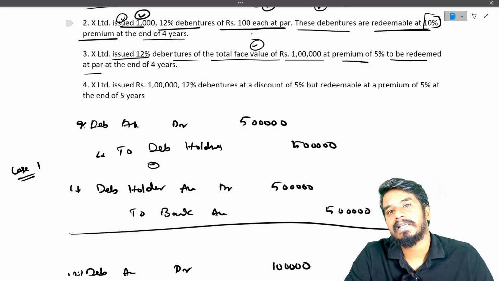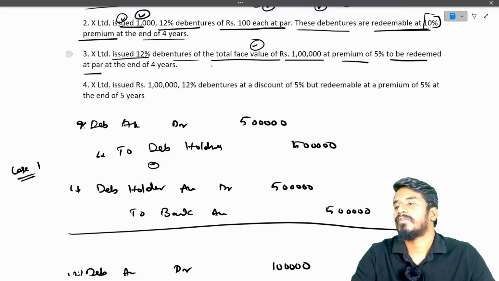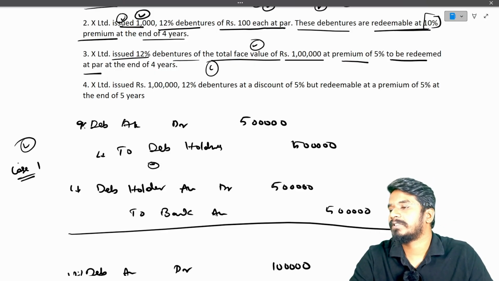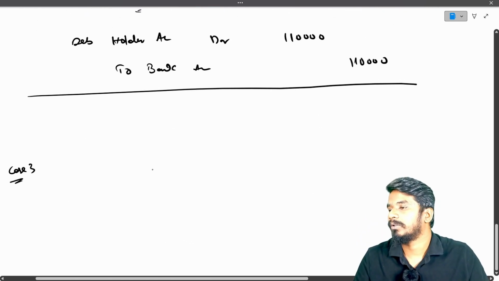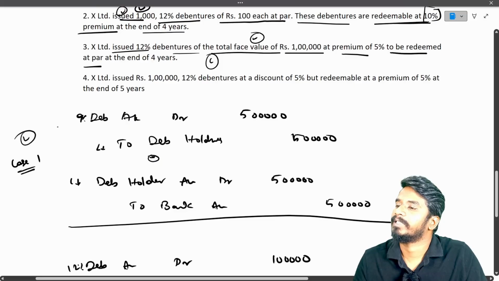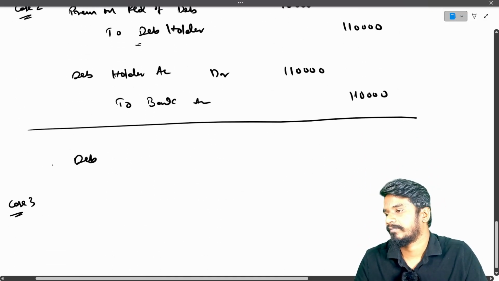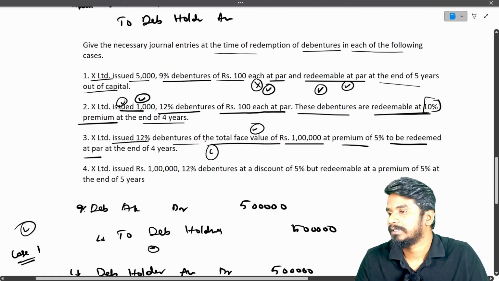So we need to see if it is redeemable at premium. So for this, the first case is the entries. You can do that. Debenture, what is the percentage of debenture? It is 12%. So 12% debenture account will get debited for how much?